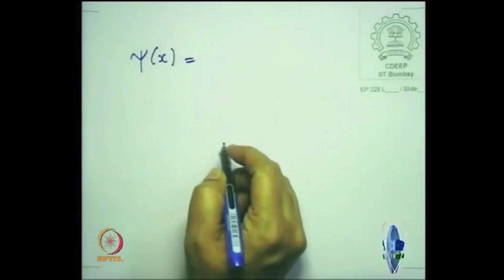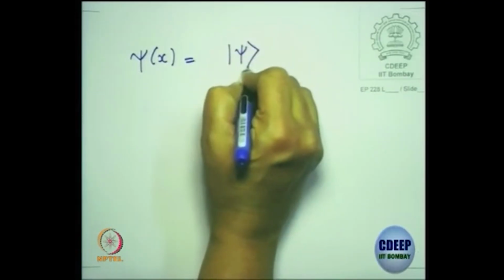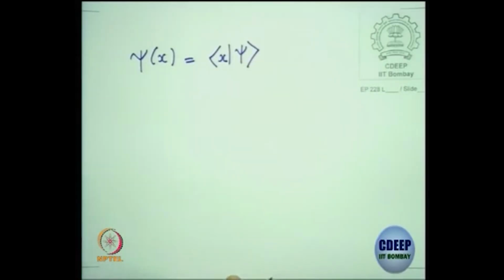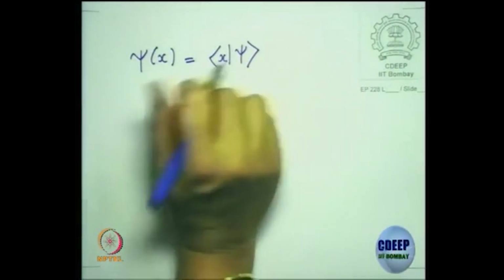See, when we wrote this position space wave function in one dimension, we said that we take the state psi and take the projection with respect to x. So, this is what we called a position space wave function, where this is the Dirac state of a system.